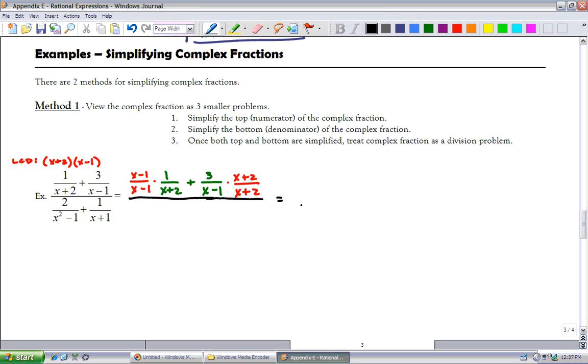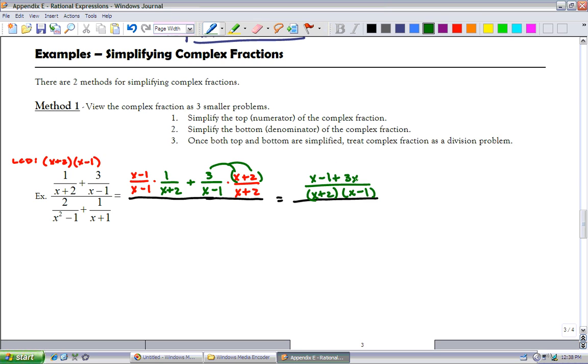Once I do that, I have a common denominator up top there, so I can distribute these. I'm going to have my x plus 2, here's my common denominator, x minus 1. And I'm going to have my x minus 1 plus 3 times x plus 2 here, so I'm going to have to distribute this 3.